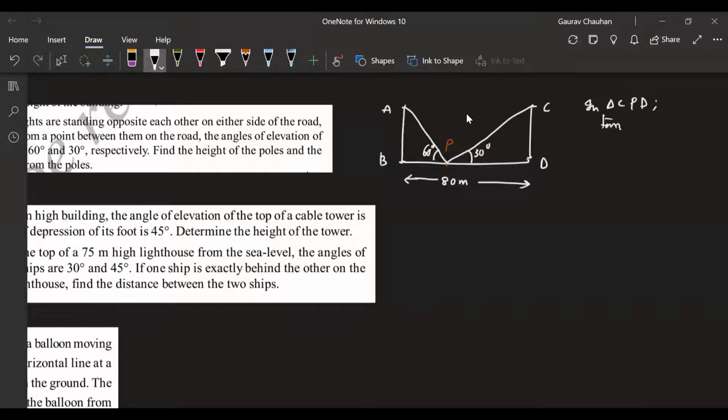So we'll write tan 30 degrees is equal to CD by PD.